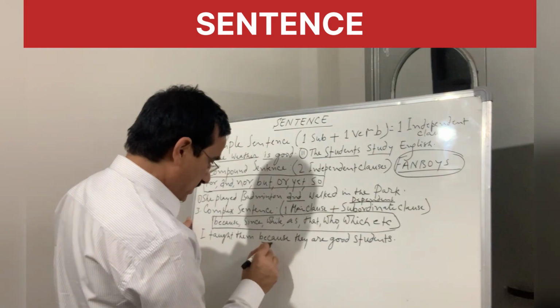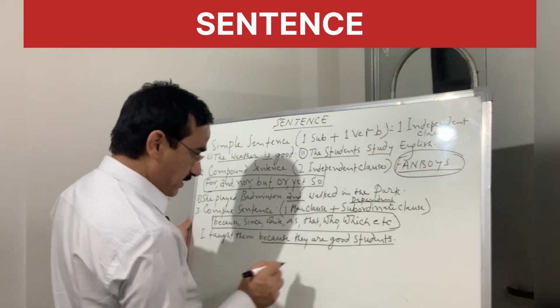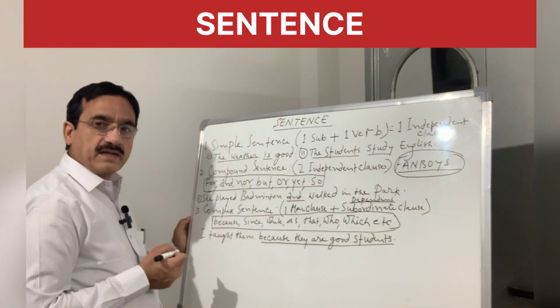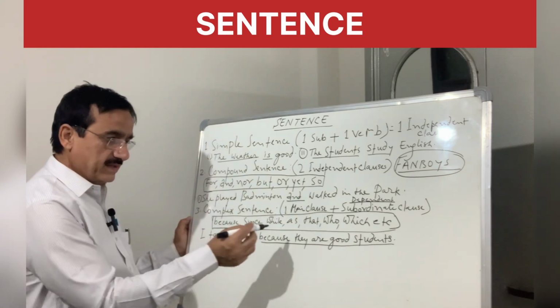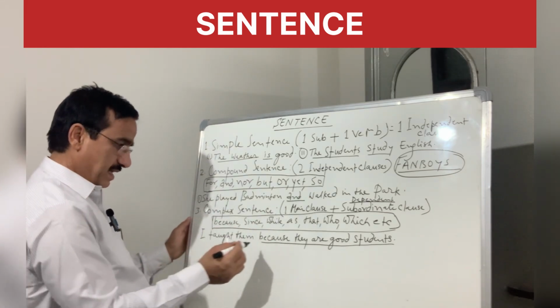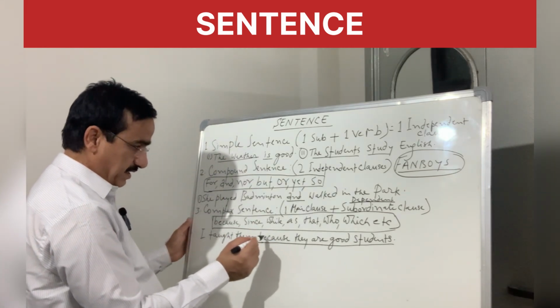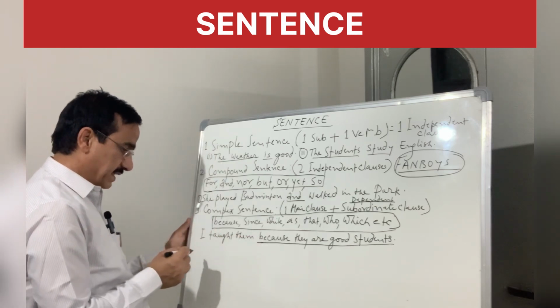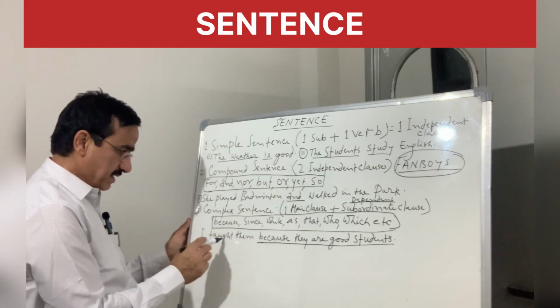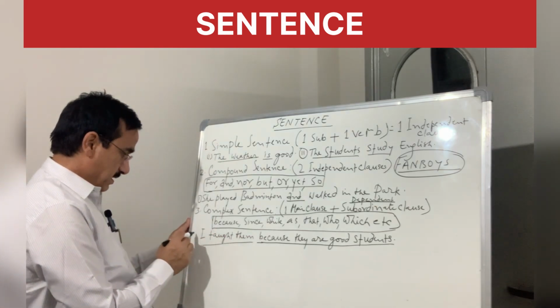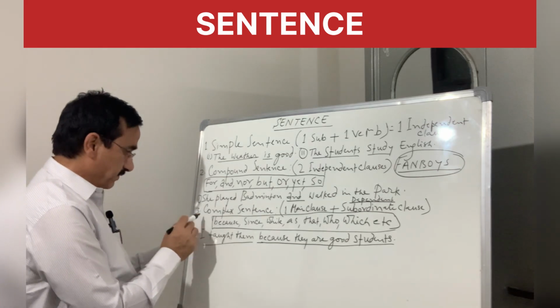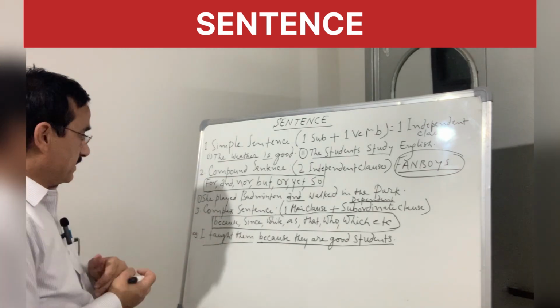So this is a complex sentence: because they are good students. This is a dependent clause. This is a subordinate clause, joined by, connected by this because, the subordinating conjunction. I taught them is the main clause. So this is an example of complex sentence.